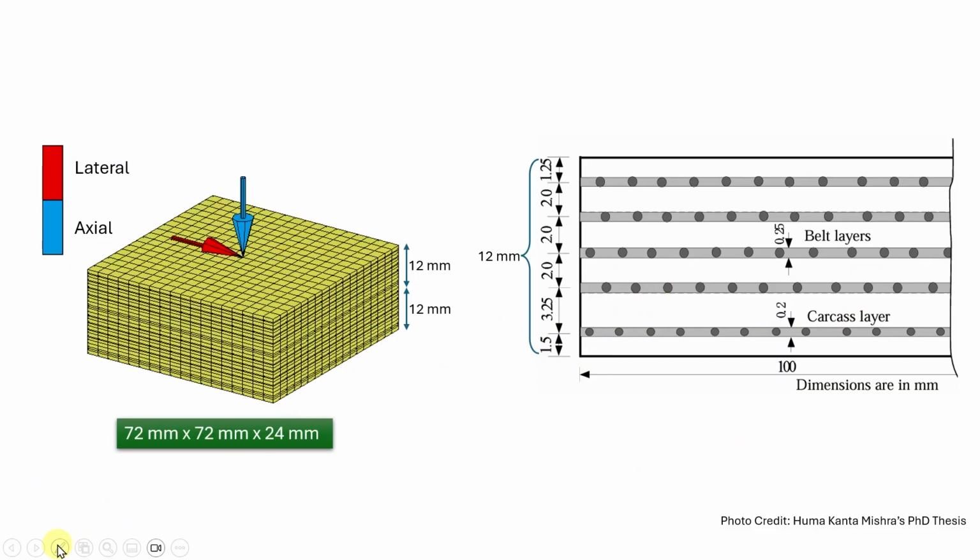Okay, you can see there are two rebars and the spacing between them is 0.4 millimeter according to Hemakanta Mishra's paper. So we can say there is one rebar at 0.4 millimeter spacing.